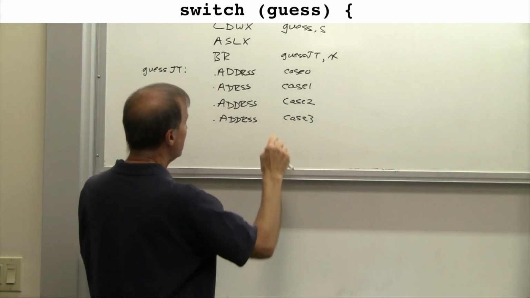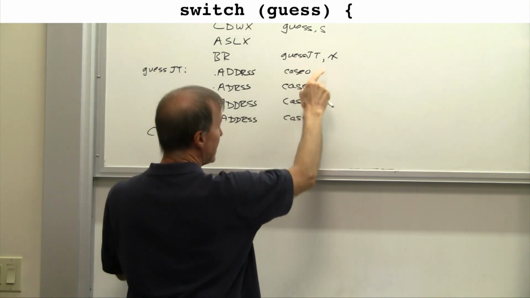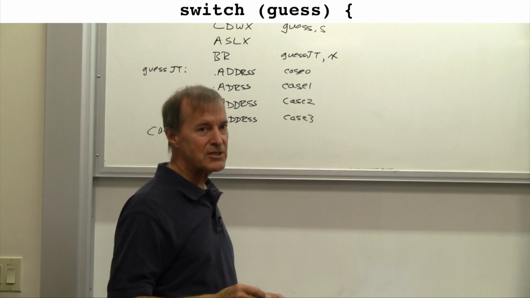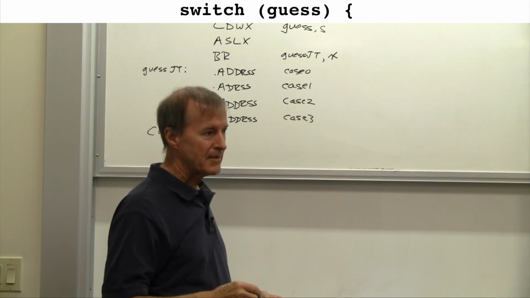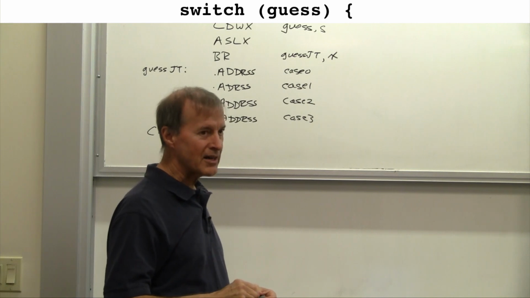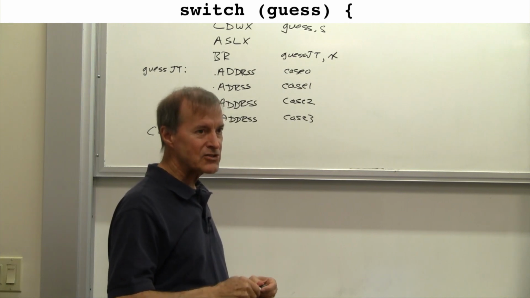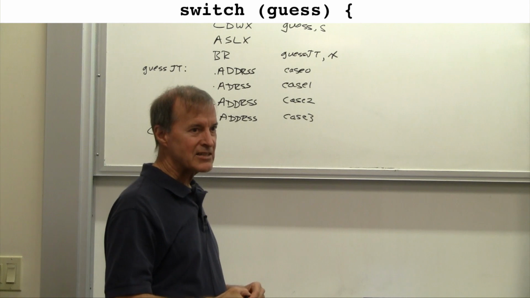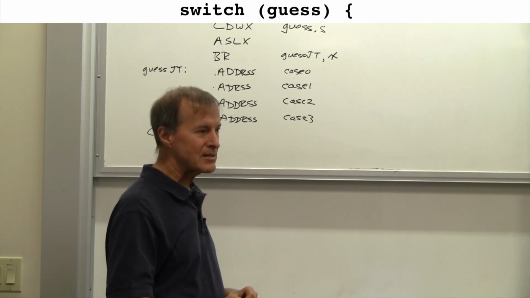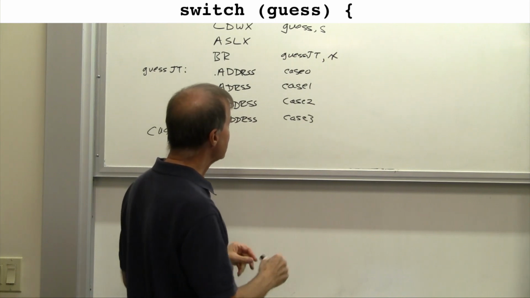Because what will that do? How does indexed addressing work? Do you remember how indexed addressing works? It adds the operand specifier to the index register, and it takes the mem of that.